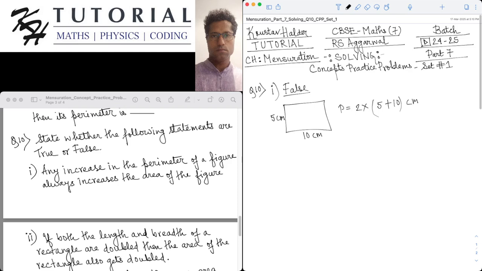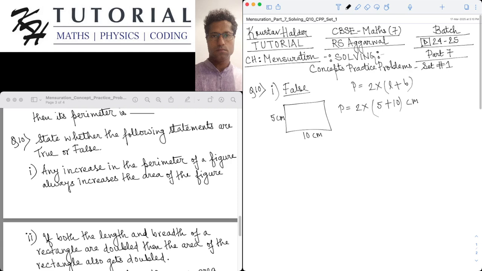I'm giving a counter example with reference to a rectangle. So perimeter for a rectangle is 2 into length plus breadth. Now, if I want to increase the perimeter, definitely I have to manipulate the L and B such that effectively L plus B increases. I will manipulate L and B either by increasing or decreasing, so that effectively L plus B will increase.